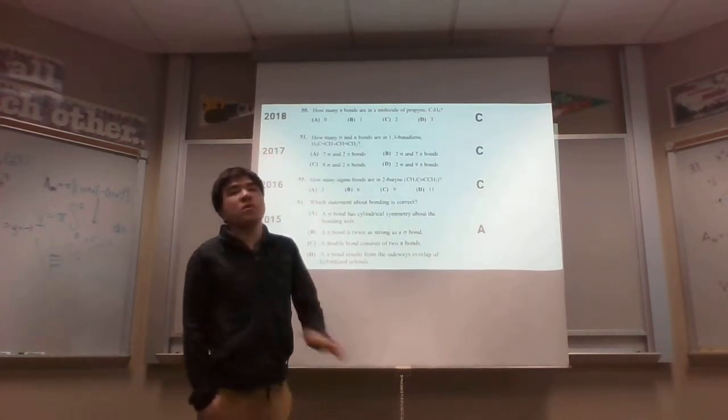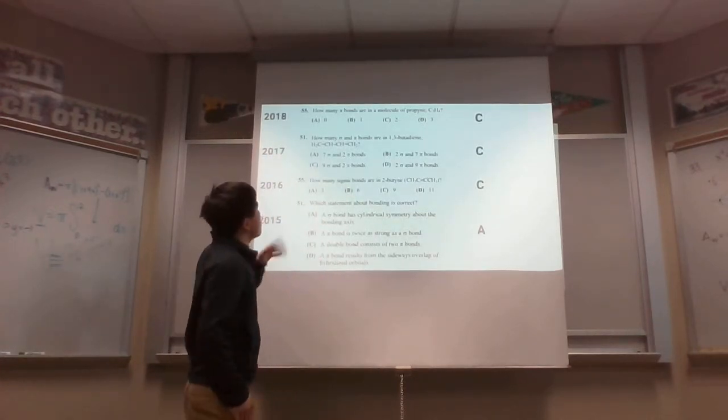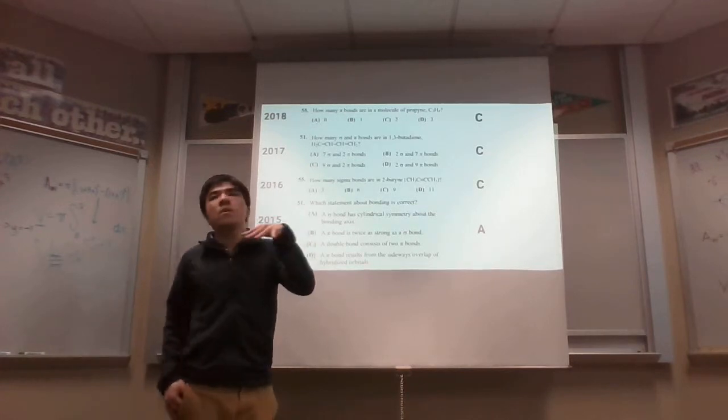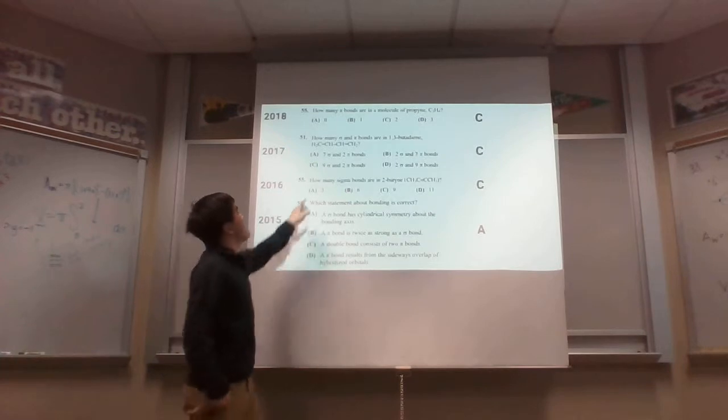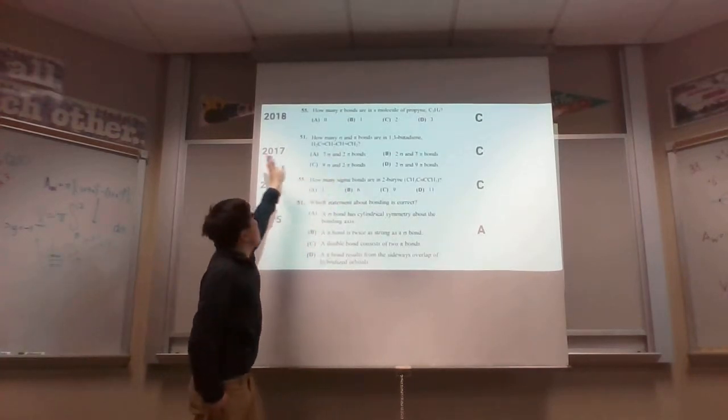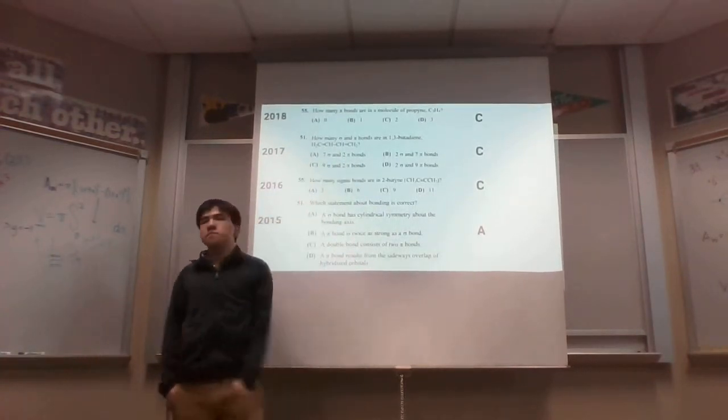Oh yeah, there's 11 total, but 2 of them are pi bonds. So there are 9 sets. There are 11 total bonds, but 2 of them are the double. So you have 9 sigma and 2 pi, and that's C.